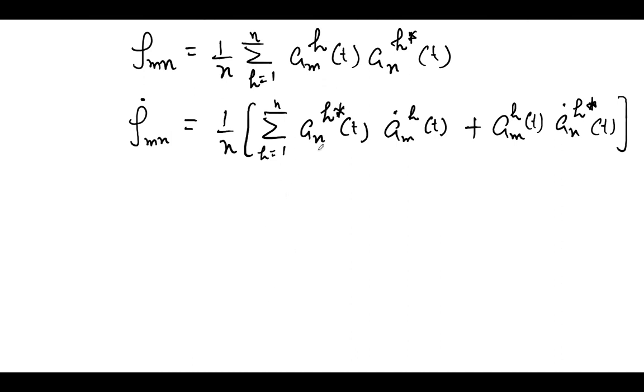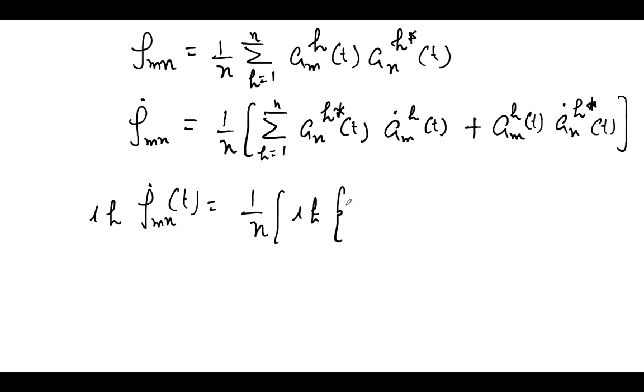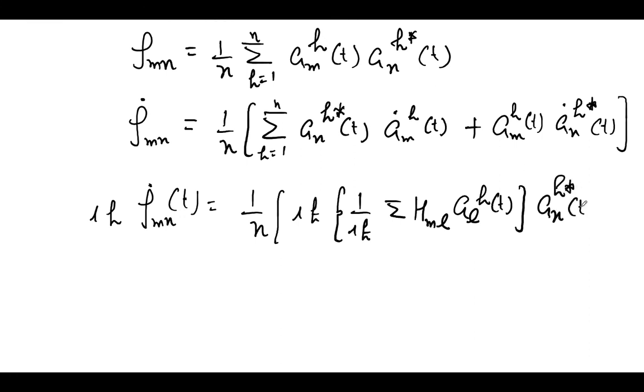So putting in the values of ȧ_mk and ȧ_nk, this equation becomes iħ ρ_mn(t), that is 1 over N into iħ ȧ_nk*(t), which is equal to 1 over ħ summation of H_ml, that is the Hermitian function for these two systems m and l, into a_lk(t) into a_nk*(t).